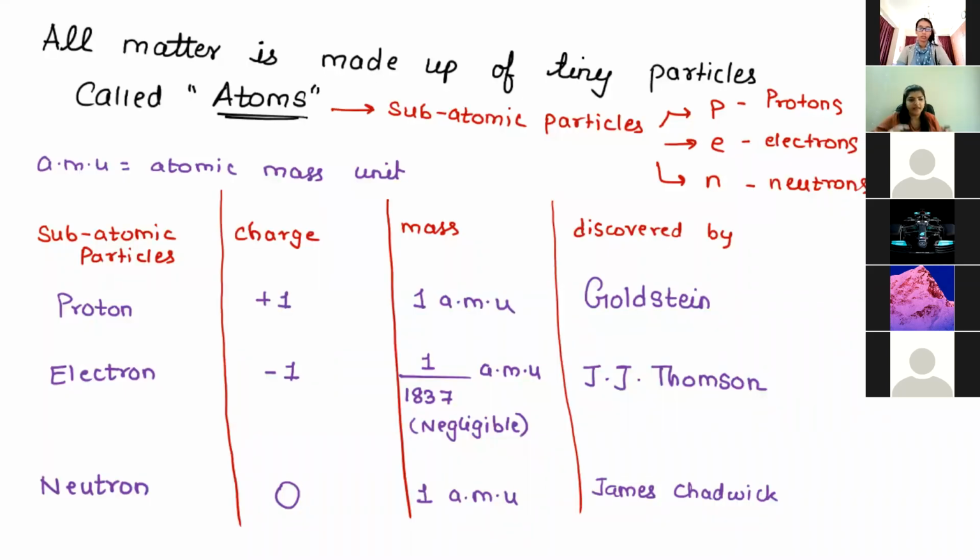Let's move ahead. So we understood that atom consists of 3 subatomic particles, protons, electrons, and neutrons. But how are these protons, electrons, and neutrons arranged in an atom? Let us understand that. Arrangement of subatomic particles in an atom.